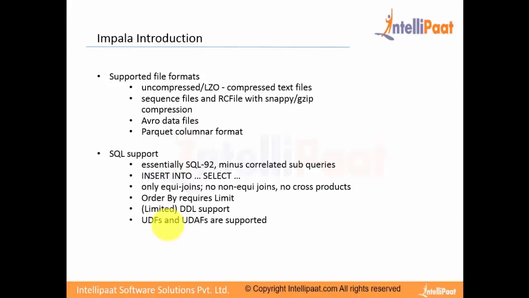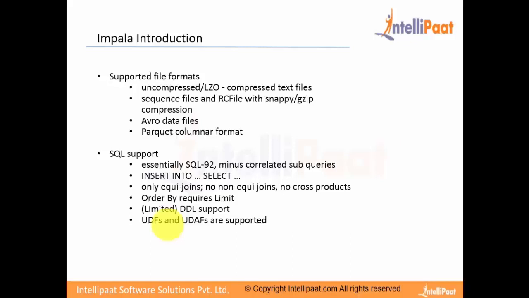As in the case of Hive, Impala also supports only equijoins and no non-equijoins are supported. Also, due to the distributed nature of the data in the case of HDFS or S3 or any other file system used in the big data ecosystem, cross products are also a strict no-no in Impala.